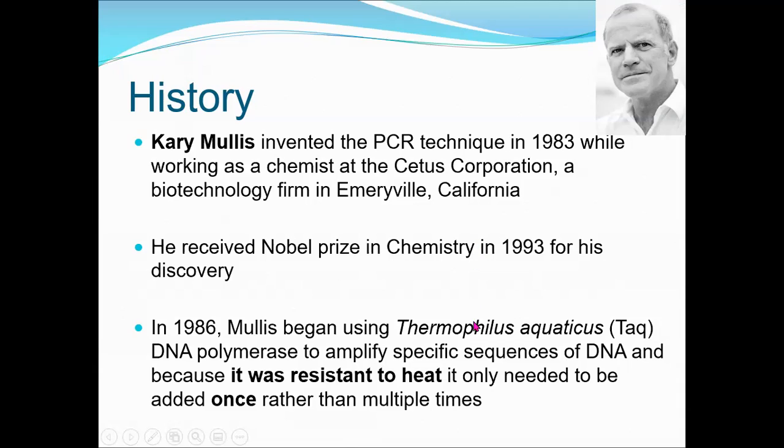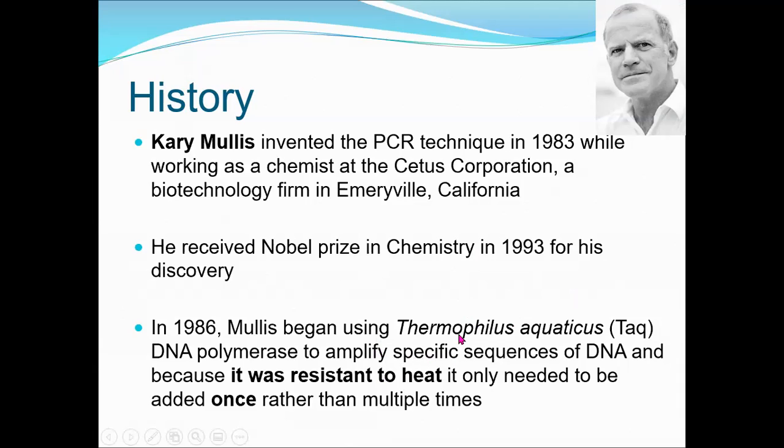After the denaturation step, he would add the DNA polymerase, and then the extension would occur. After the second round of denaturation, he would again add the E. coli DNA polymerase.